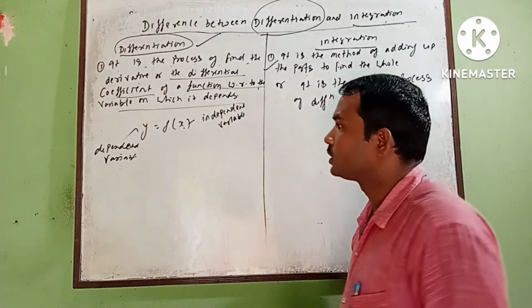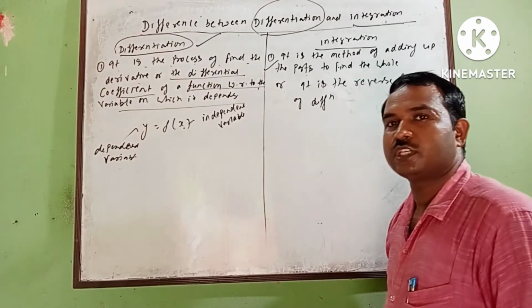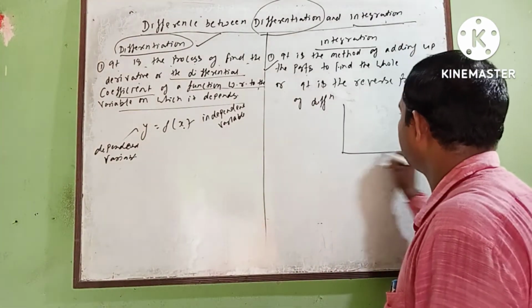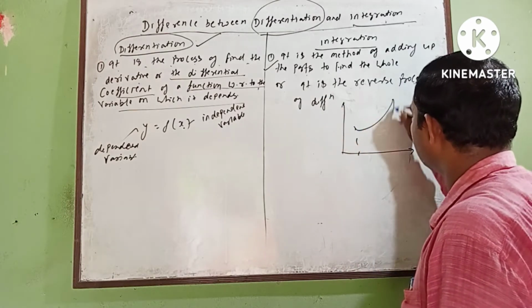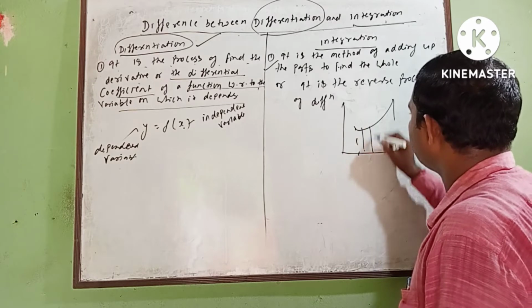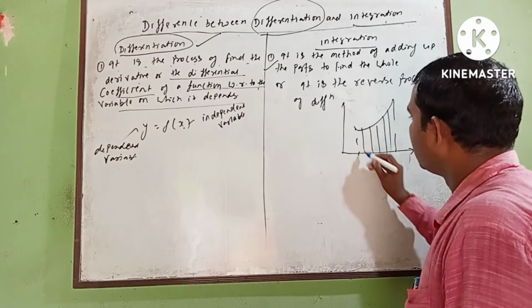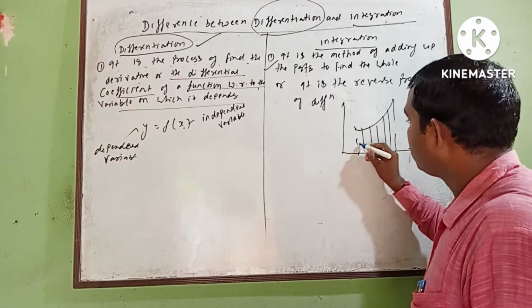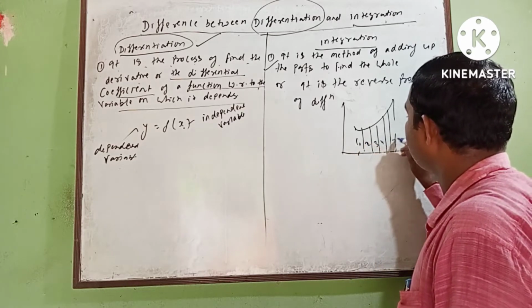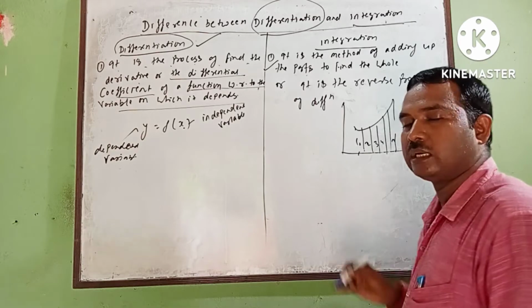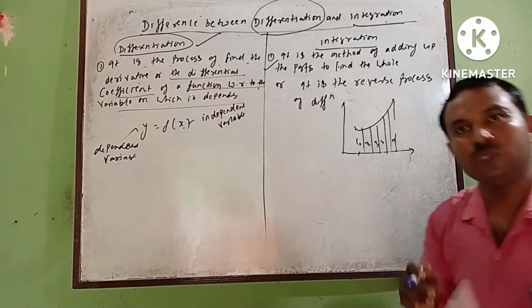Because here we'll also take the function. Suppose we have a curve graph and you take elementary portions, then you will find the area of the first, second, third, fourth, like that, and then add them.